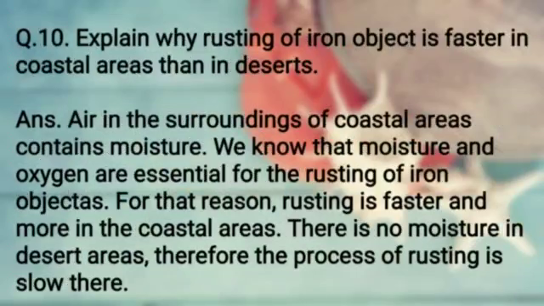Explain why rusting of iron objects is faster in coastal areas than in desert. So here you have to explain why rusting is faster in coastal areas and not in desert. First of all, what do coastal areas mean?